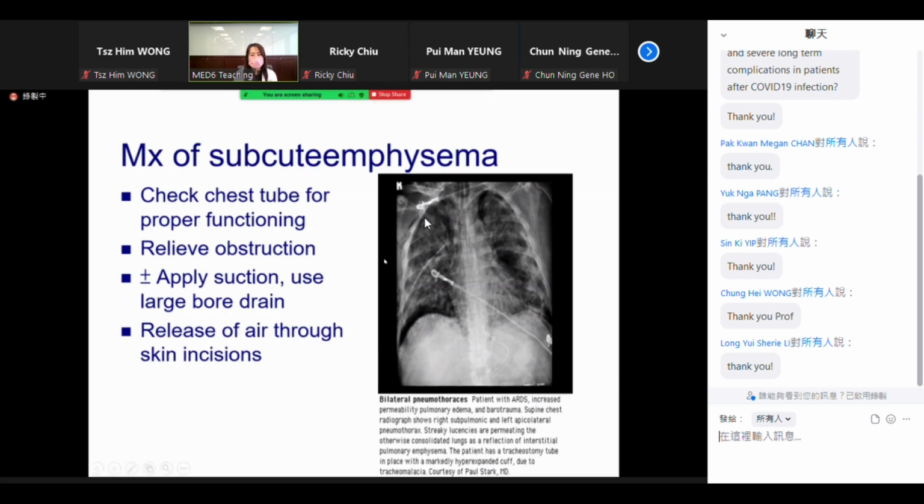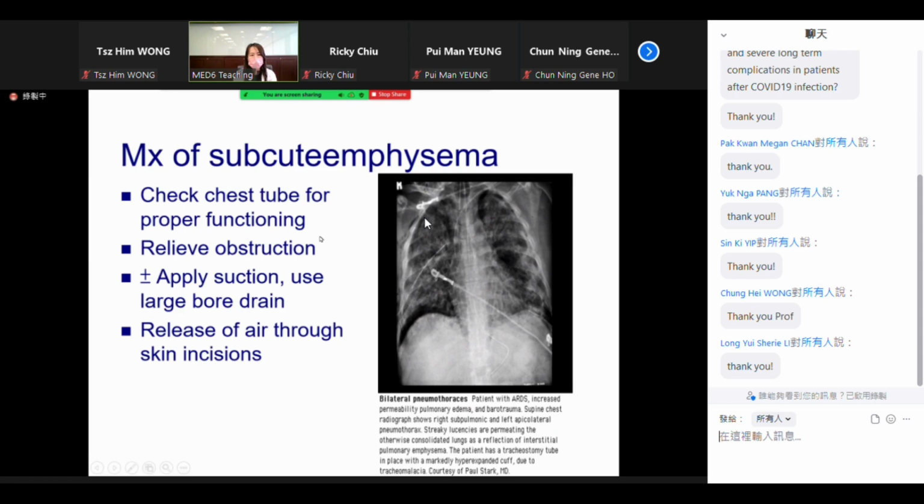So for this clinical condition, the most fatal complication would be upper airway obstruction if the trachea is compressed by the subcutaneous air. So you have to immediately check the chest drain. Usually the chest drain is blocked or not working. Then you have to insert another functioning chest drain.